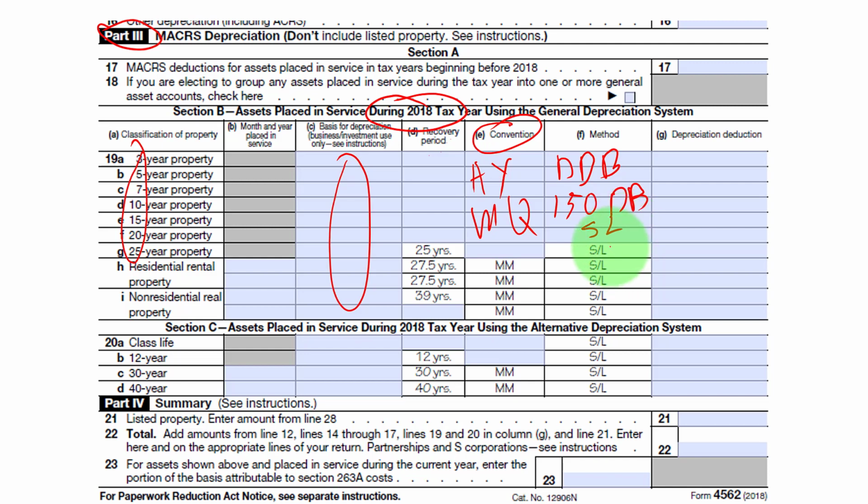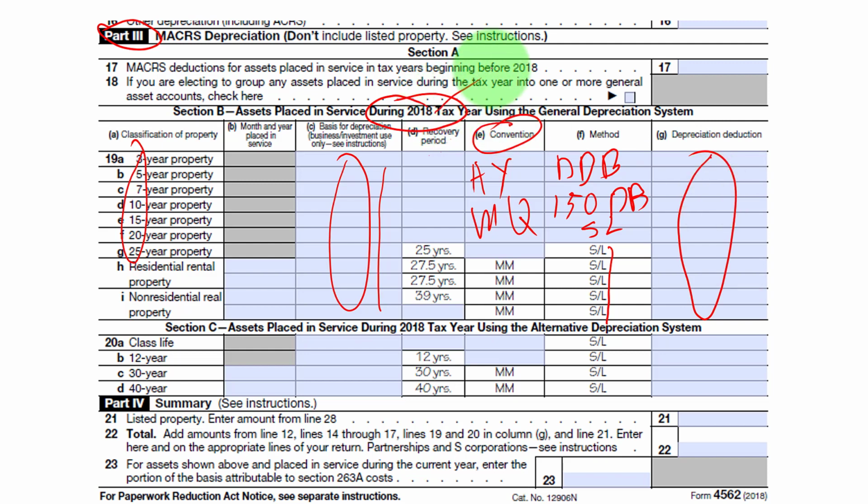There's no choice here for real estate, right? It's all straight line. So we would take the basis and multiply it by some type of rate. I wish they had a column here for the rate to get the depreciation for the first year, in our case, 2018.